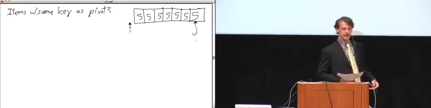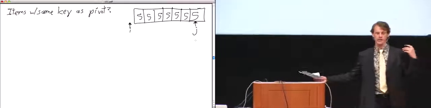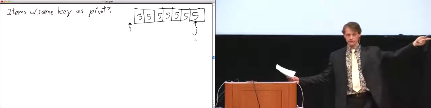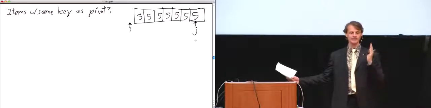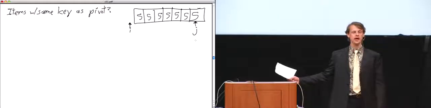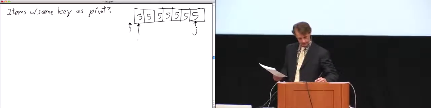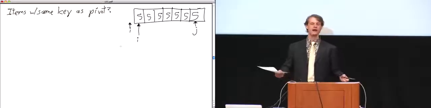What we do in the version of quicksort I just gave you is that when I is marching forward, or J is marching backward, and you hit a key that is equal to the pivot, then you stop. So, I will take 1 step forward and hit a 5. 5 is equal to the pivot, so we stop.